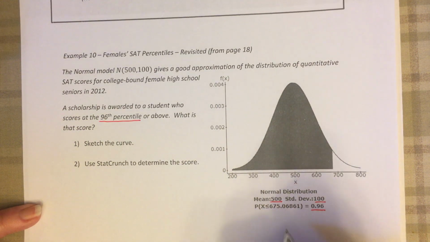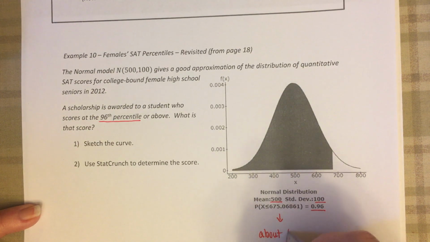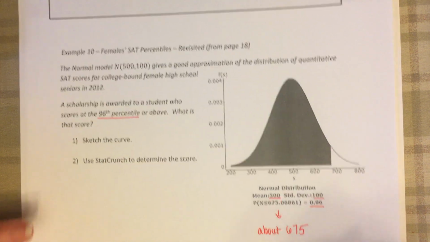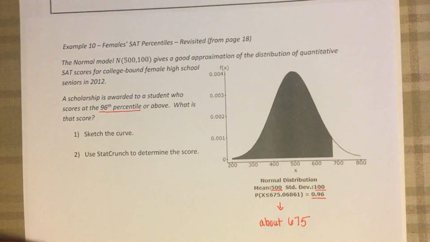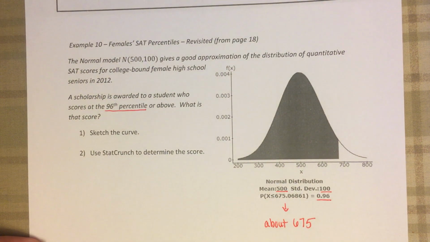And then when we compute, it gives us this value here in these parentheses, 675.06861, which if we round this off, this rounds off to about 675. Right? That matches example 10 when we worked it out. We said that our 96th percentile score was about 675.